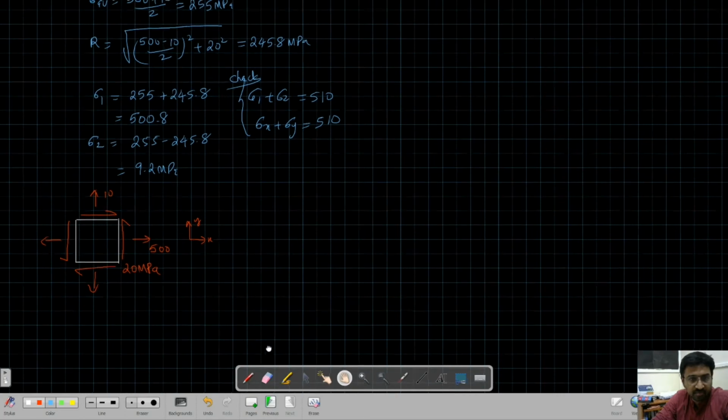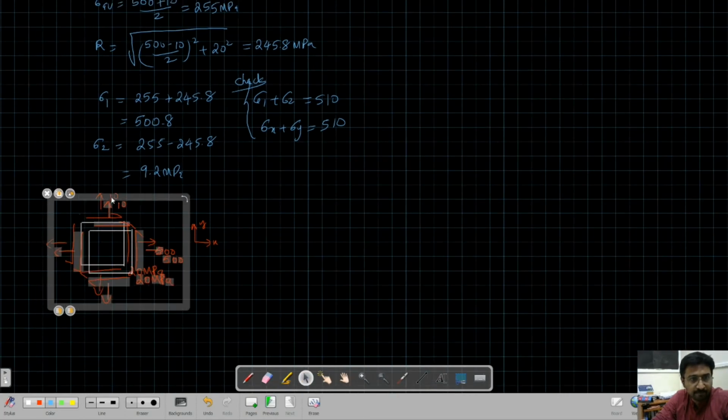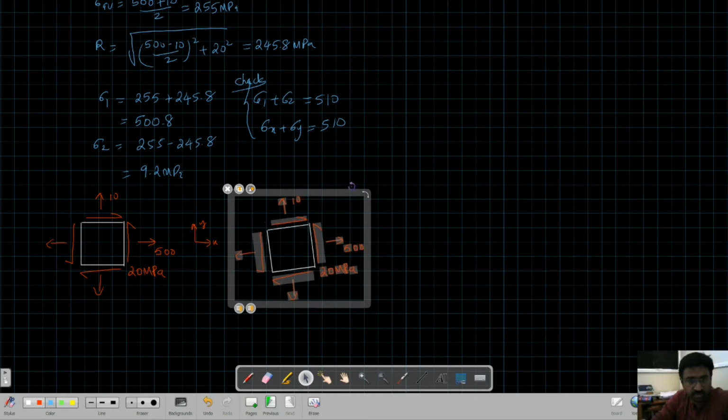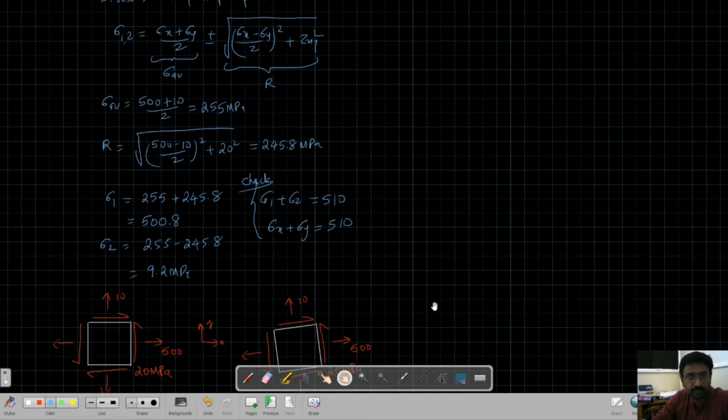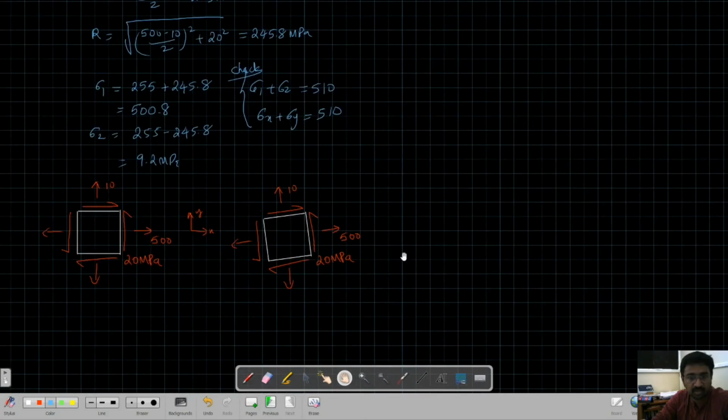So this is the original stress block, and I have to rotate by some very small angle, 4 degree, sorry, 2.33 degree. So this angle of rotation is 2.33 degree.